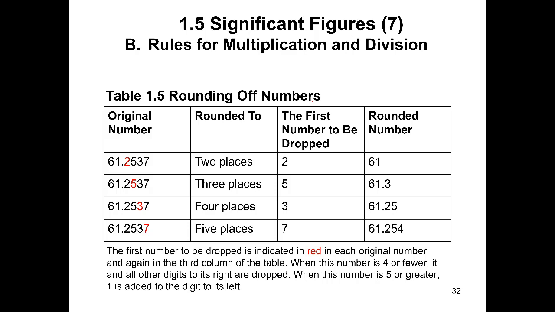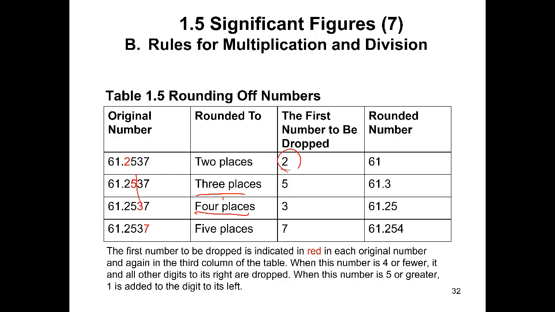So if I've got 61, and we're going to look at these, if I need to round it to two places, okay, 61.2537, then I'm going to use the 2, and it's going to round to 61. 61 to 3 places, 61.2537, rounding to 3 places, I use the 4th one, which tells me I need to go 61.3. 4 places, I'm going to use the 5th one to round that 4th one up.